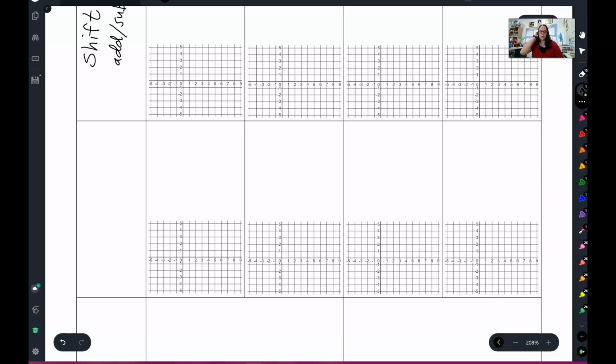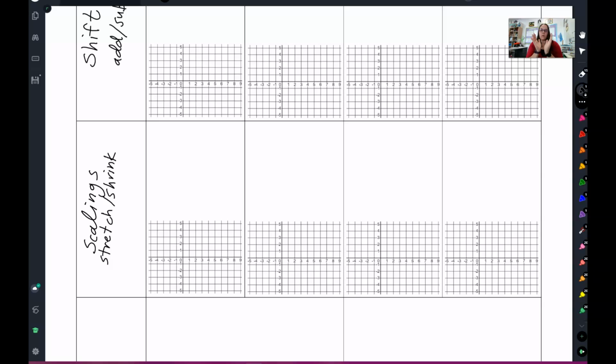The next one we'll talk about are scalings. These are also called stretch or shrink. If you think about your parabola from secondary math 2, it'll either make your parabola way fatter or way skinnier. That's a stretch or a shrink.